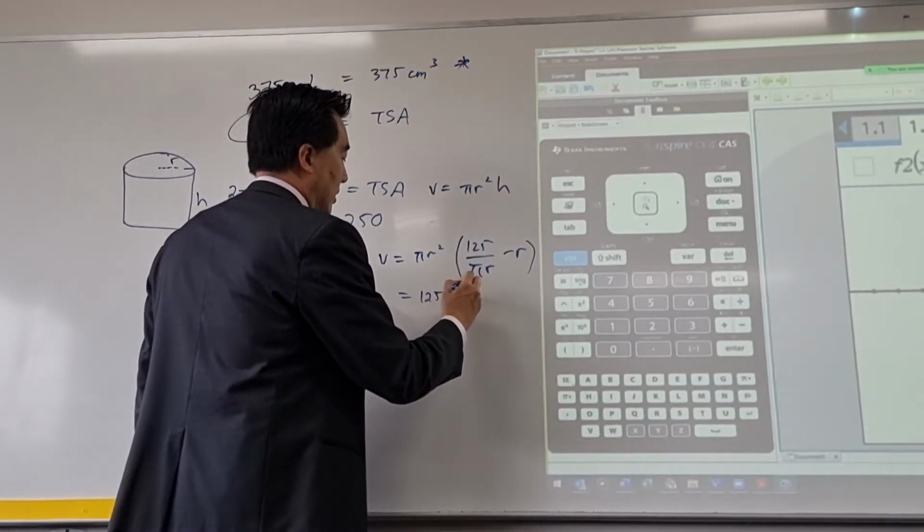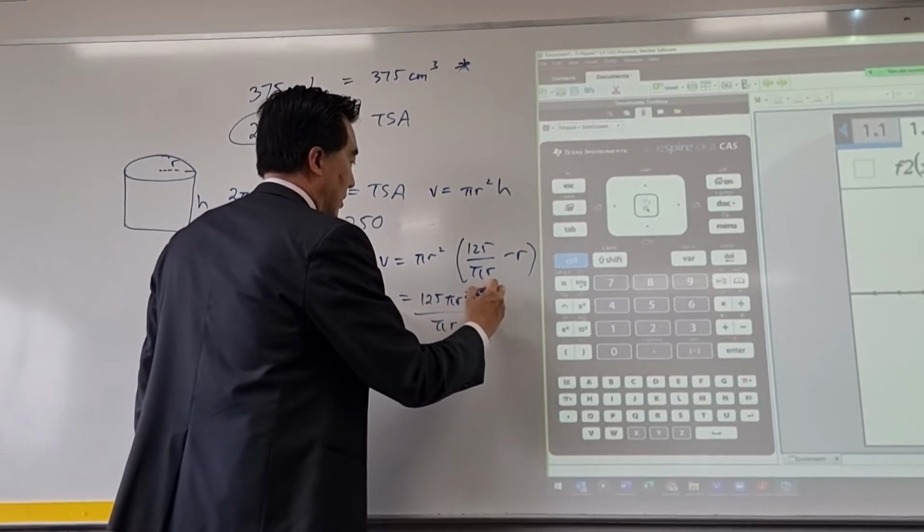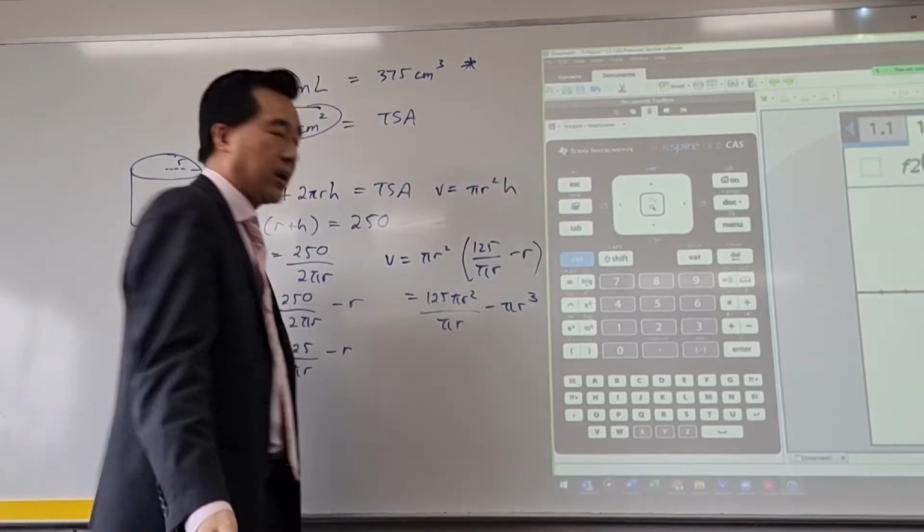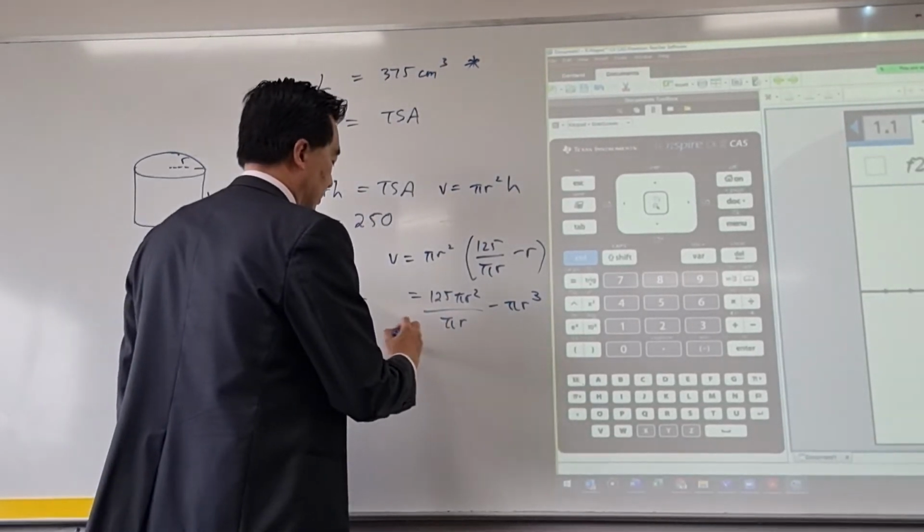125 pi r squared over pi r minus pi r cubed. Alright, these cancel.